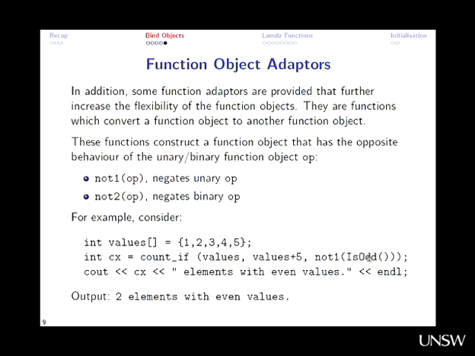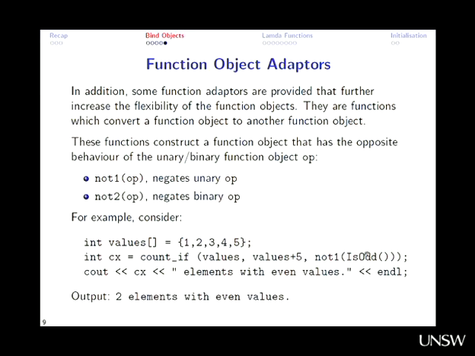Say if we have a function object called isOdd, which returns true if something's odd and false if something's not odd. We can wrap that in a function object adapter called not1. This is probably going to need a standard in front of it, but std::not1. And so it's just going to, as you can imagine, reverse the output of this.